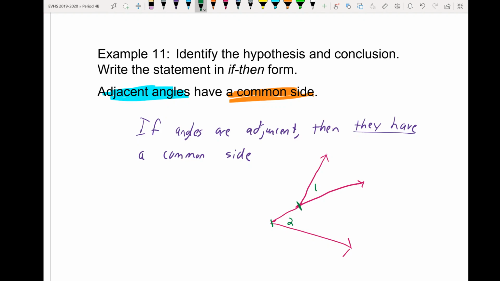My opinion, it would be a biconditional, because if I label these A, B, C, D, and E, then in this case the side of angle 2 is actually ray EB, whereas the side of angle 1 is DB. Therefore, that's not exactly the same side. So that's not a common side, so this doesn't really apply. But my point is, you have to look at those weird edge cases. Okay?